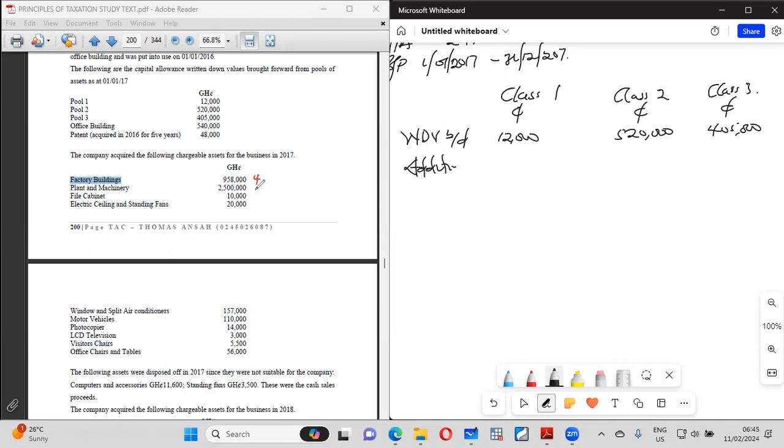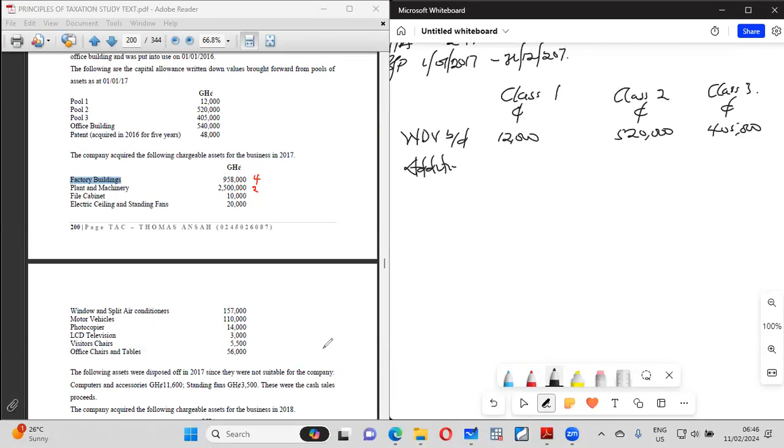Here the question is, is it used for manufacturing or not? You need to read the question. It is a manufacturing company, so you have to make sure that you put this one in 2 for manufacturing.